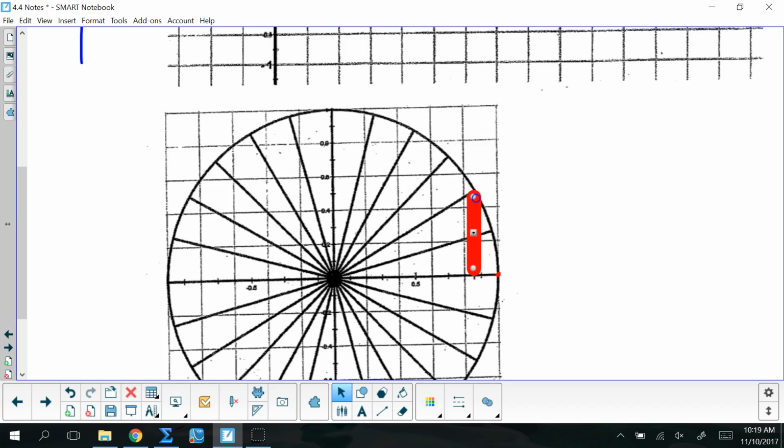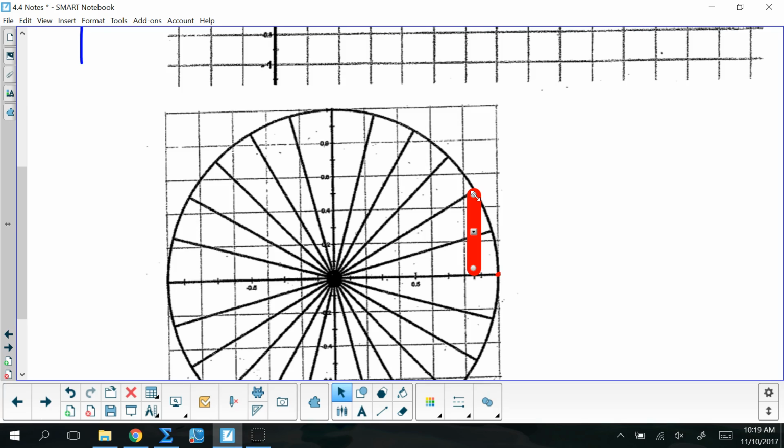So I measured that vertical distance right there. And you're going to break off your piece of spaghetti at that distance. It's actually not that bad.